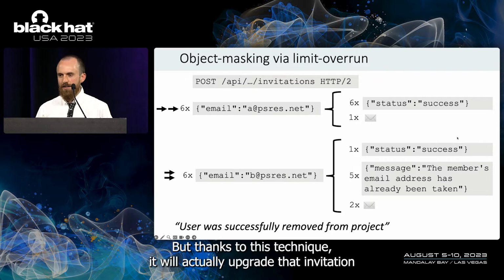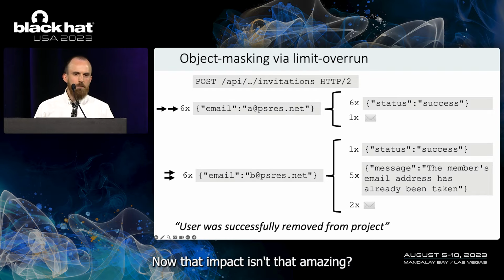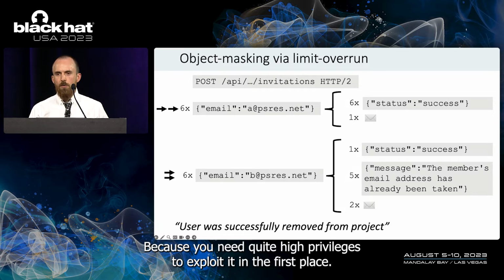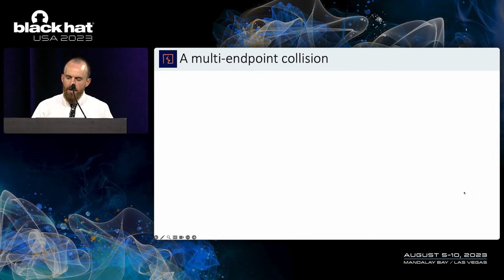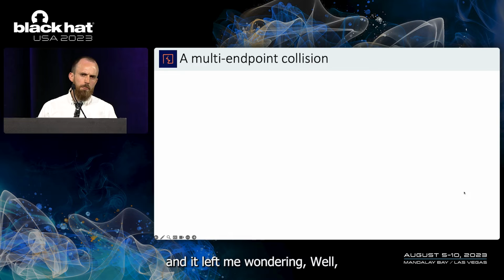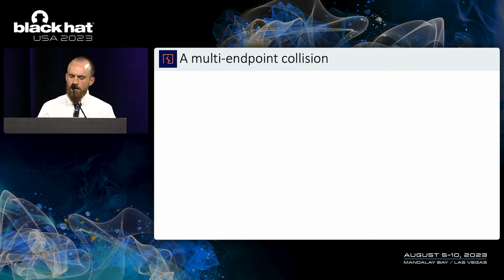But thanks to this technique, it will actually upgrade that invitation to a better admin level invitation. Now, that impact isn't that amazing because you need quite high privileges to exploit it in the first place. But it got my attention firmly fixed on GitLab. And it left me wondering, is there another angle I can take to get a more notable impact?